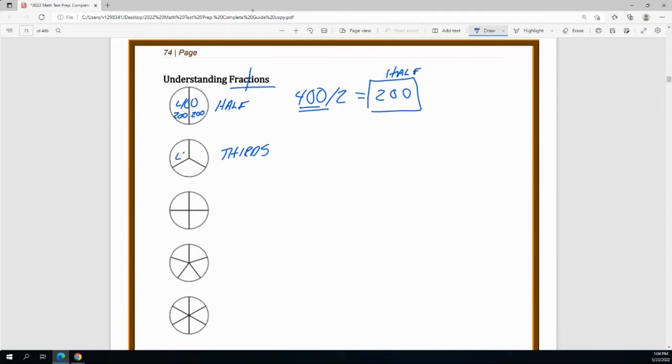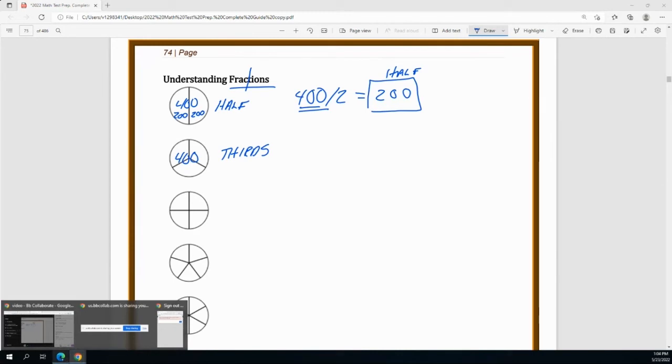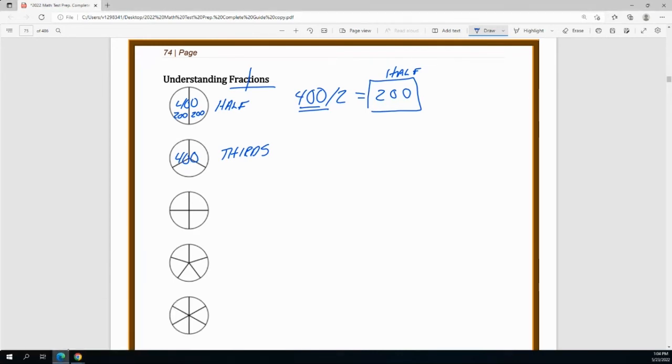So if I have $400 and I say, well, let me break it into 3 parts or 3 payments, then I'm still going to take, sorry, let me see if my calculator is still up here.